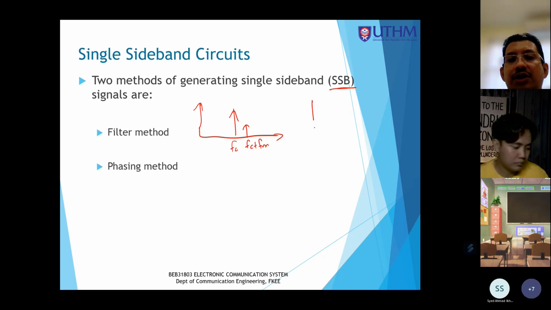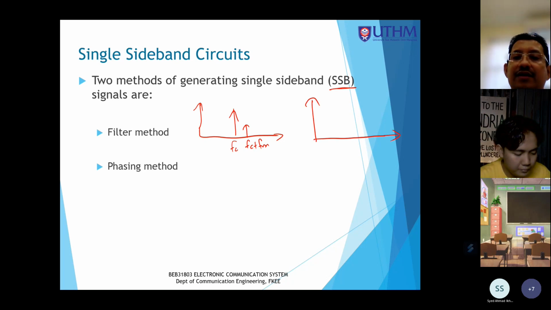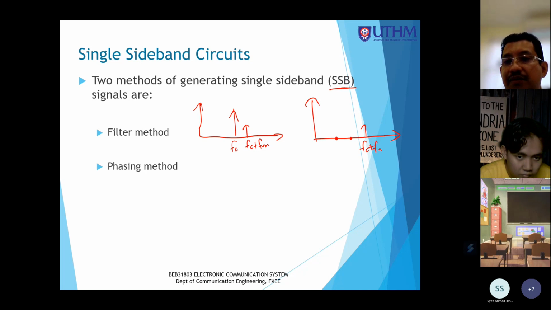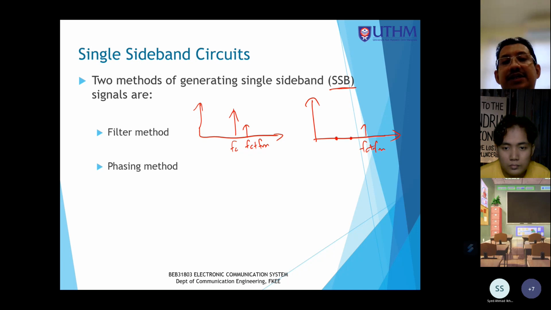Dan kita boleh juga ada single sideband without carrier. For example, saya pilih upper sideband. So there's no carrier component, there's no lower sideband, just the upper sideband. So untuk menghasilkan signal ini, kita boleh menggunakan filter method dan juga phasing method.